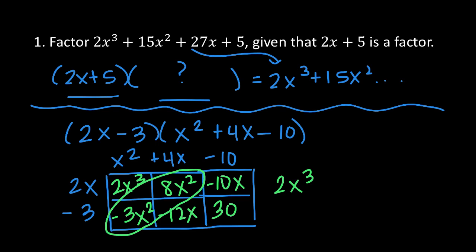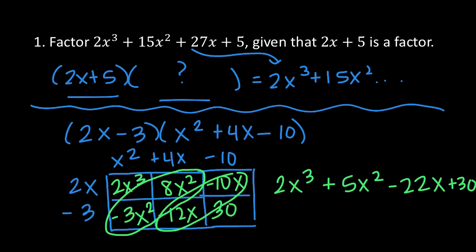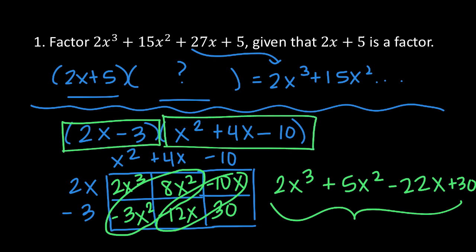So we have negative 3x squared plus positive 8x squared. And then the x terms, these are also diagonal to each other, negative 12x and negative 10x. And then we have the 30. So this is the polynomial we would get if we multiplied these two factors together.